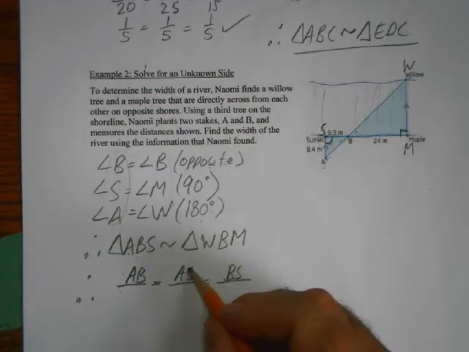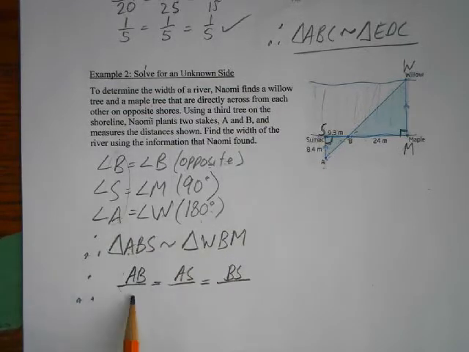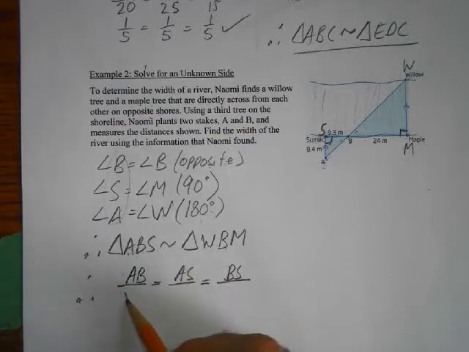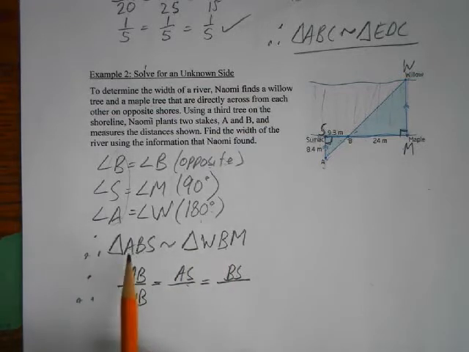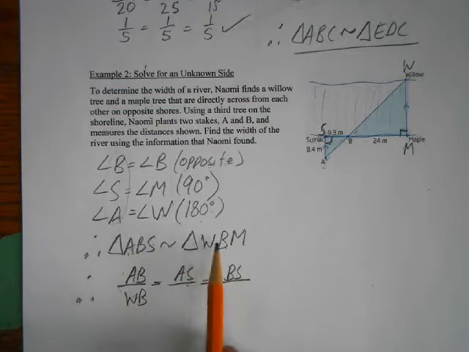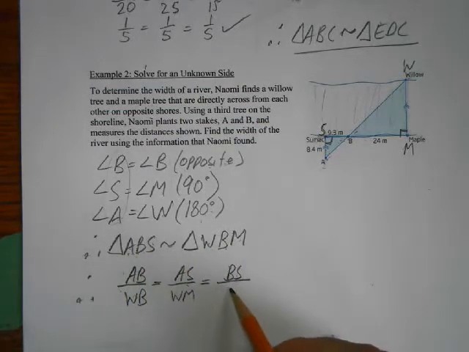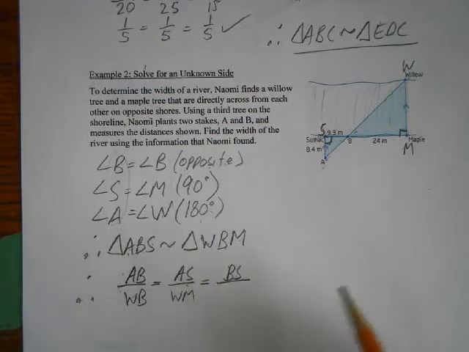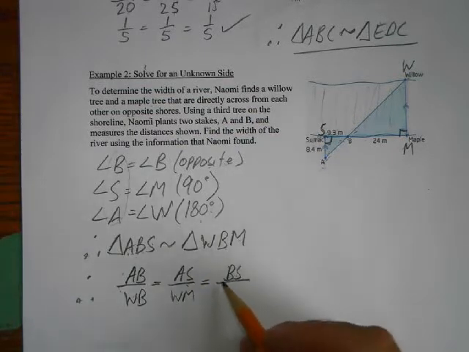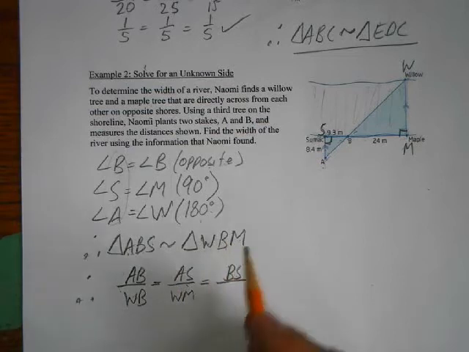These are the 3 sides from the first triangle. Now I have to match these up to the corresponding sides. So the corresponding side of AB, first and second, is WB. Corresponding side of AS, 1 and 3, WM. And the third one, BS, second and third, BM.